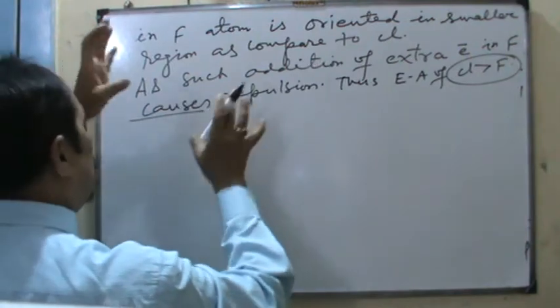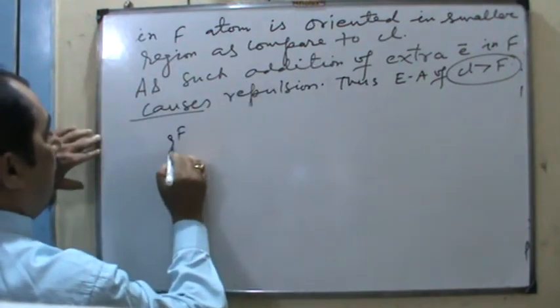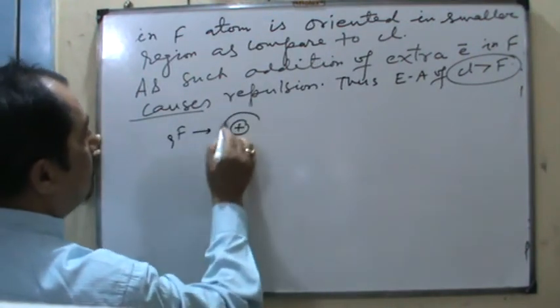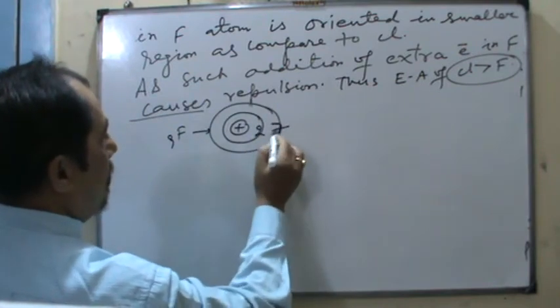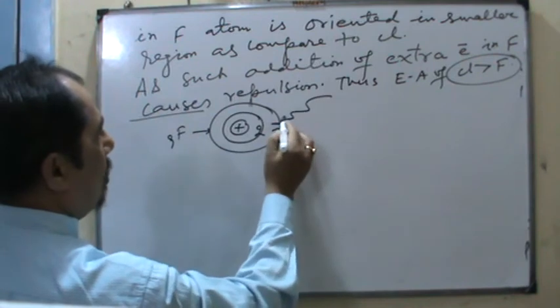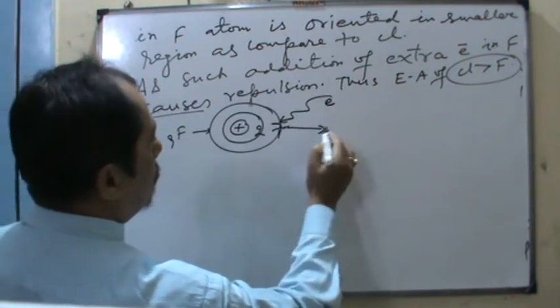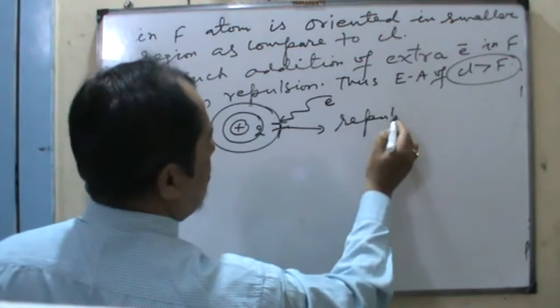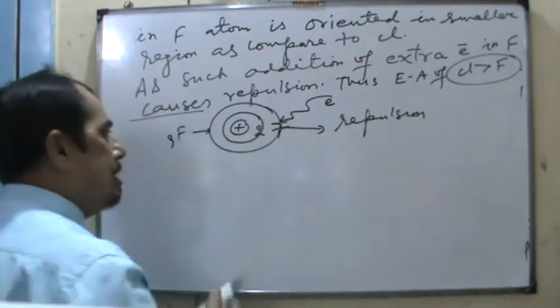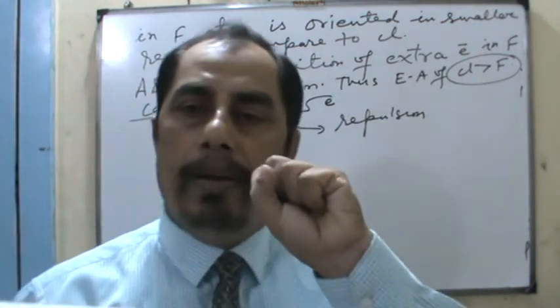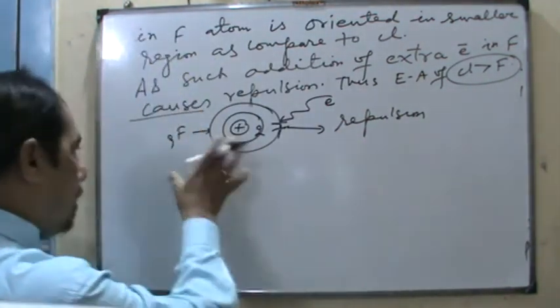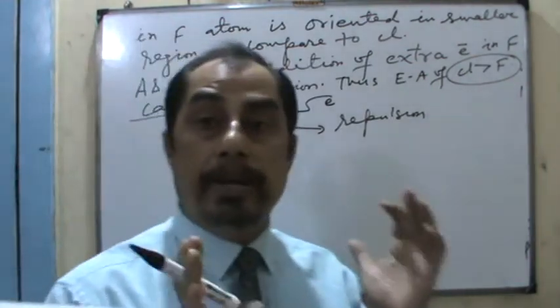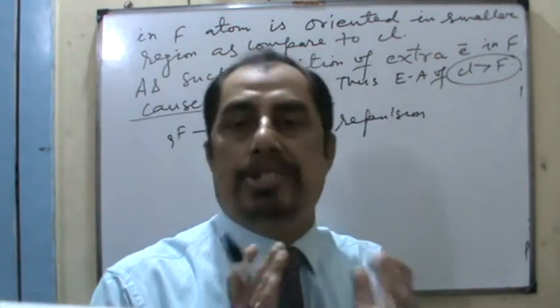To elaborate your knowledge, fluorine is 9, the nucleus, the first shell and the second shell, with 2 and 7 electrons. Addition of an extra electron causes repulsion because the dimension of fluorine is very, very small. Therefore, it is difficult to adjust an upcoming electron as compared to chlorine, because it is a comparative study, right?